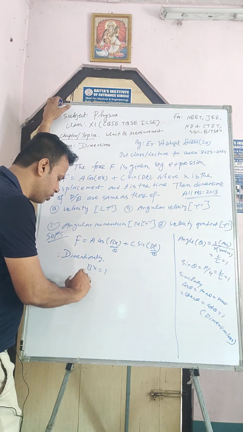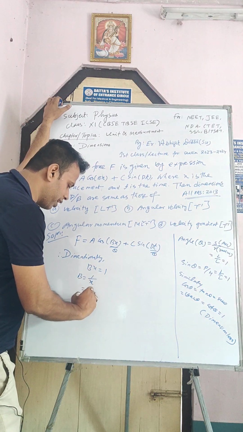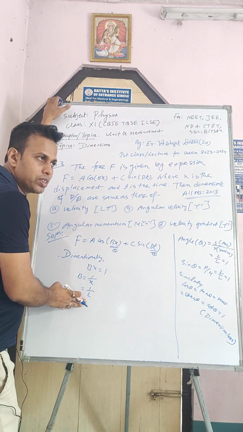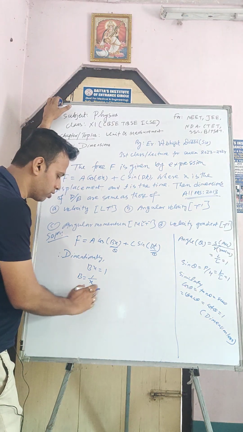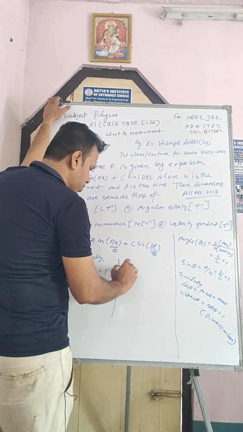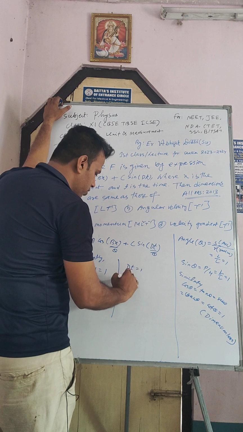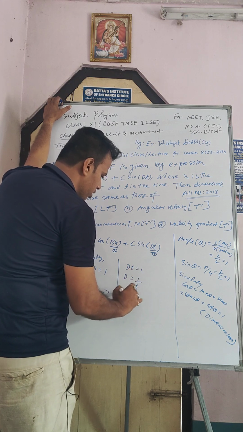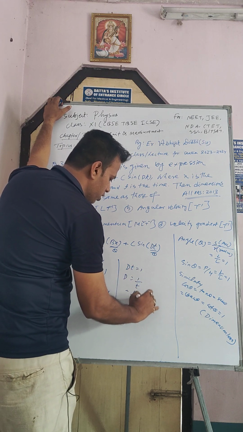So b will be 1 by x, that is 1 by L. X is what, sir? Displacement. Displacement is represented by length, so b will be L minus 1. And dimensionally dt is 1, so d will be 1 by t, that is T minus 1.